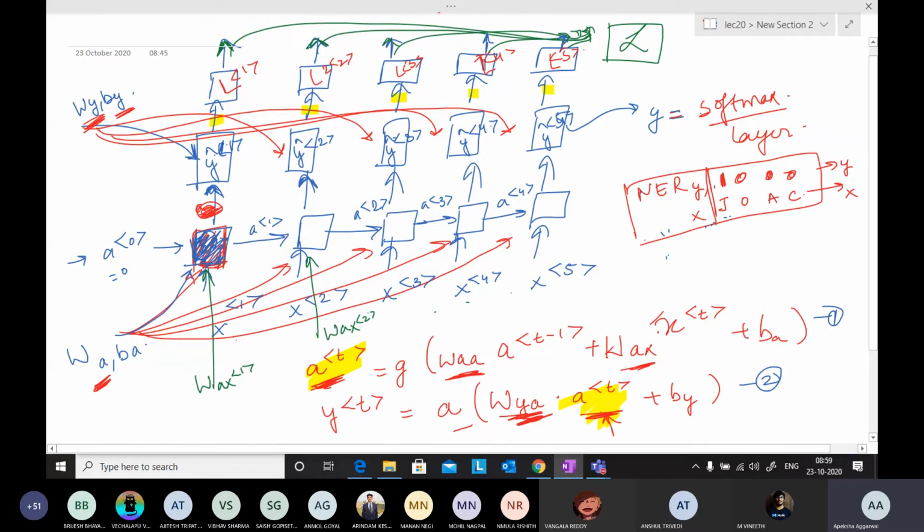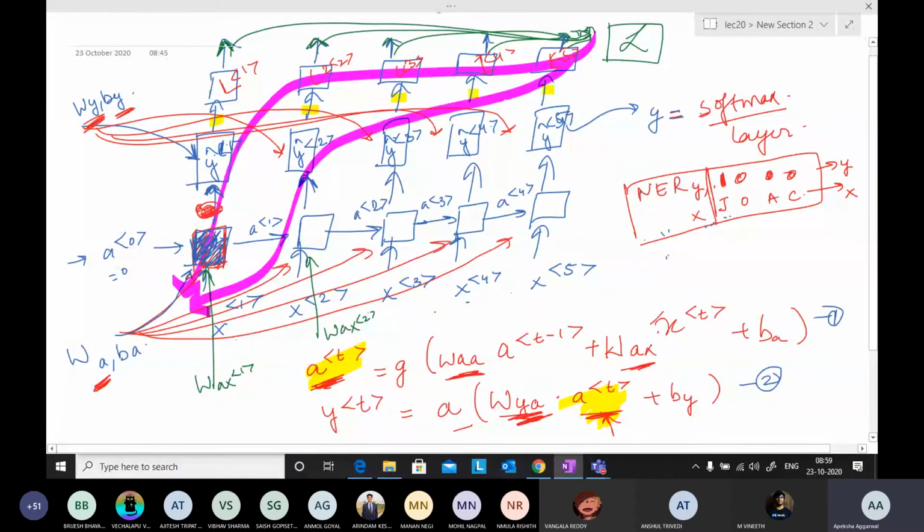Now the opposite would be the flow for the backward propagation. For backward propagation we will move from upward to downward. This is the flow for backward propagation, and in this row we have flow this way. If I'm calculating the gradient for the middle, that is the hidden layer, it would be from right to left.